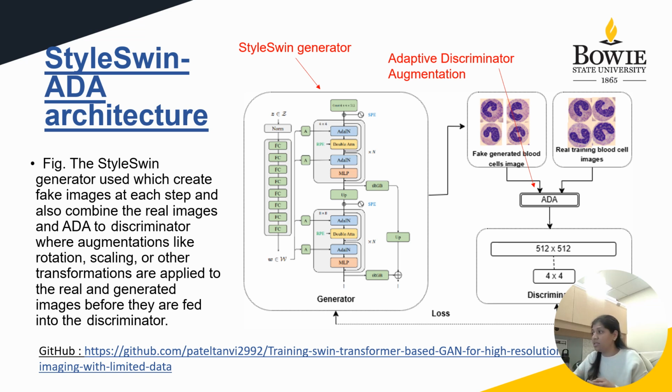Using this, we can prevent discriminator overfitting by giving the discriminator more data using the ADA. And the code for this paper is available on my GitHub repository, the link to which I mentioned down below.